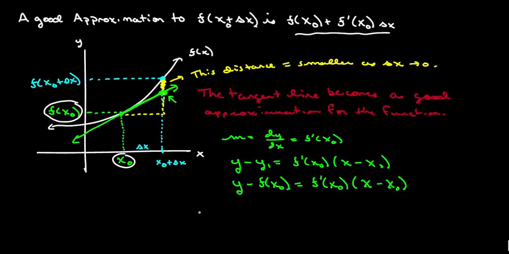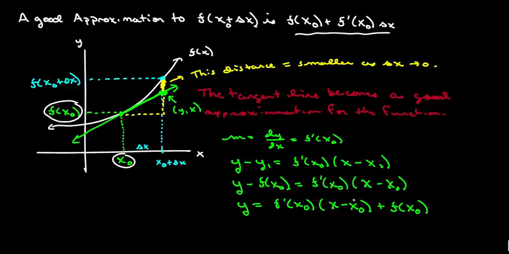And so, moving some stuff around, y is going to be equal to f prime at x naught times x minus x naught plus f at x naught, just like that.